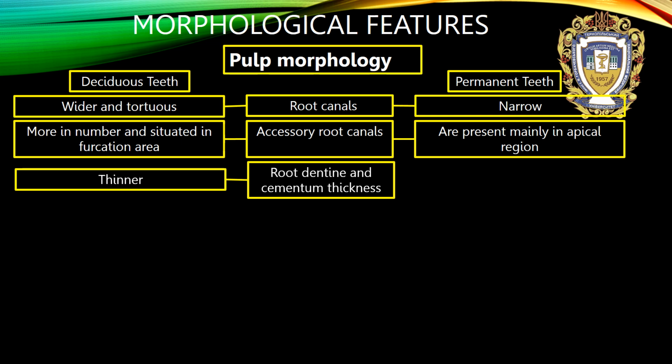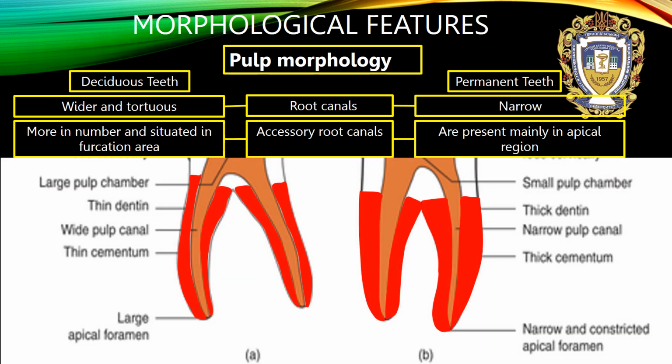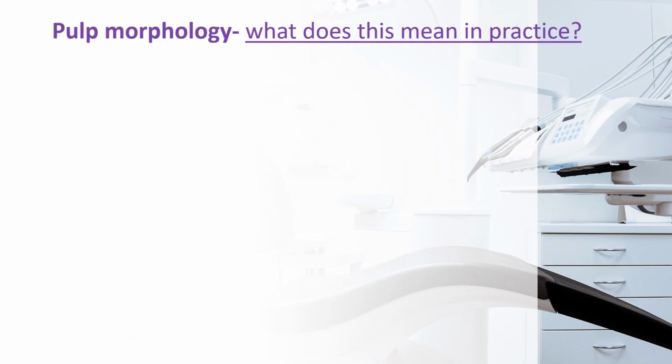What about root dentine and cementum thickness? Let's repeat. In temporary teeth, thinner. In permanent teeth, thicker. They are schematically shown. Thinner thickness of root canal cementum and dentine in temporary teeth, and thicker in permanent teeth.